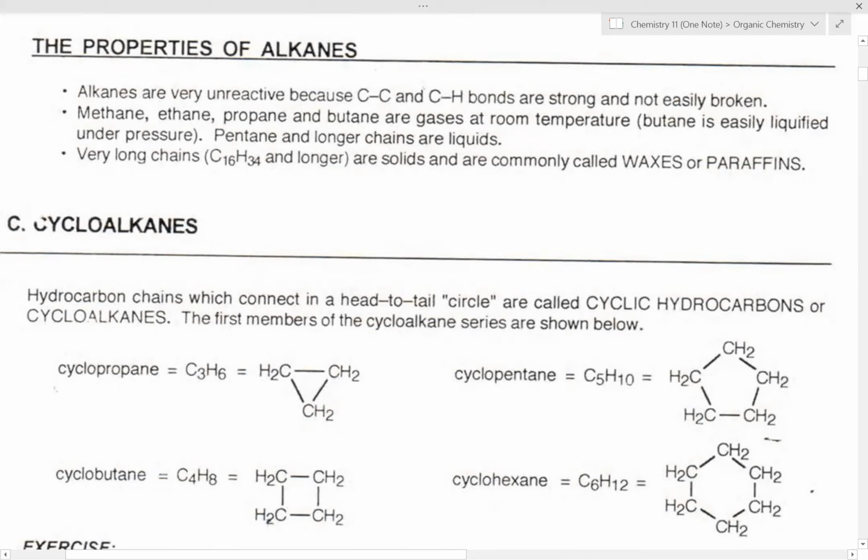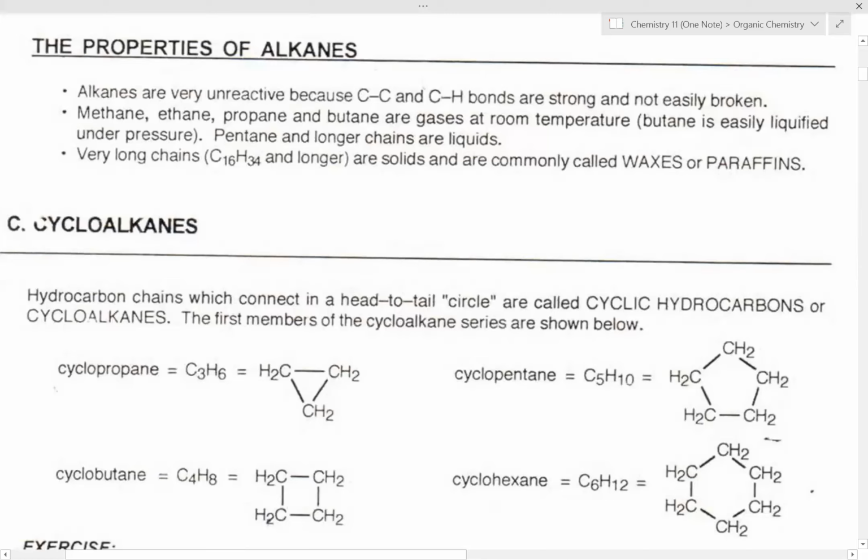Candles, like beeswax, are alkanes, but a very long chain. That's why they're a solid. The carbon chain is so long. Okay?